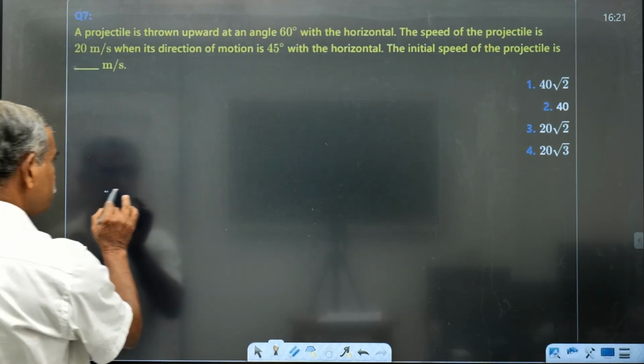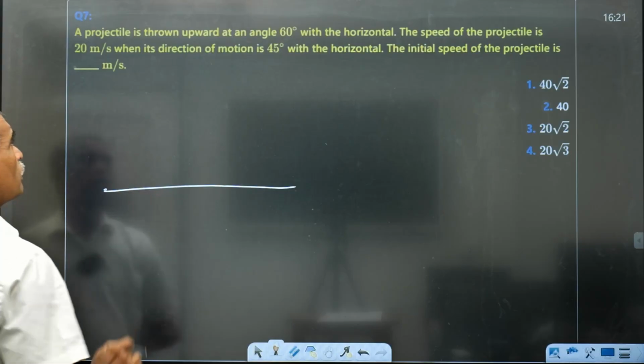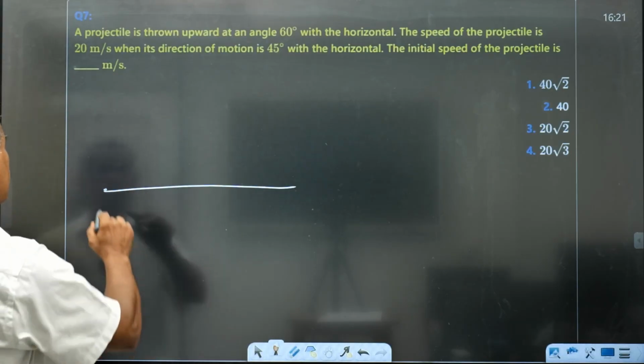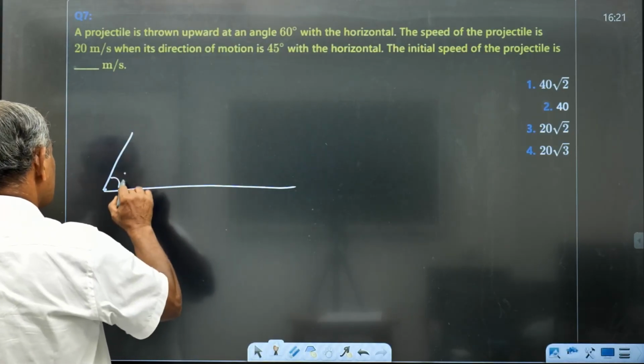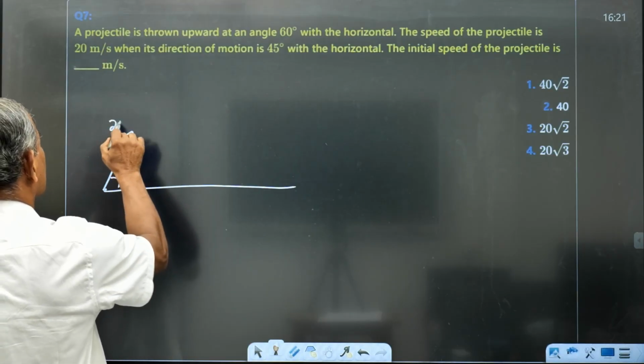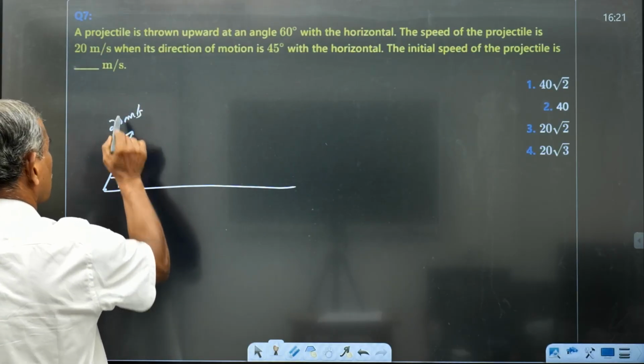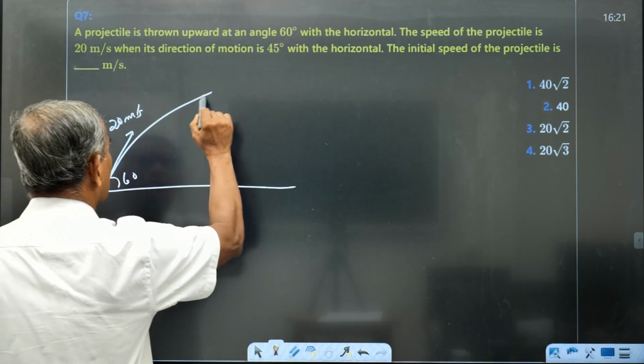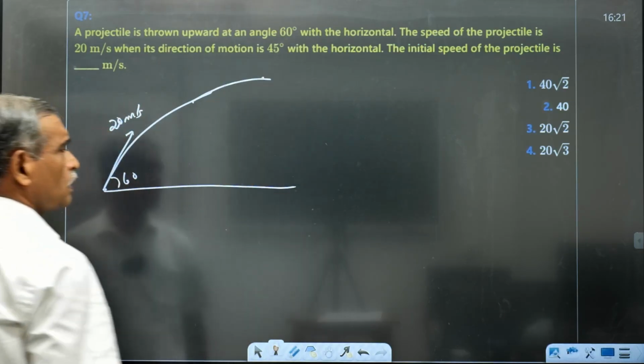Now we can draw. From here we are projecting the body at an angle 60 degrees, and the initial velocity is given as 20 meters per second. The path will be like this and reach the maximum here.